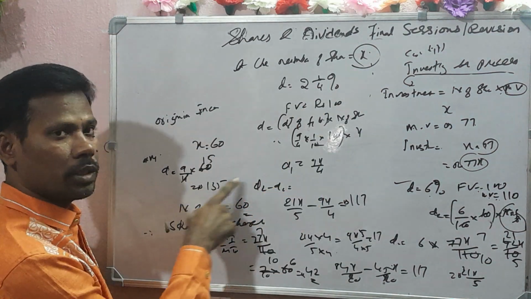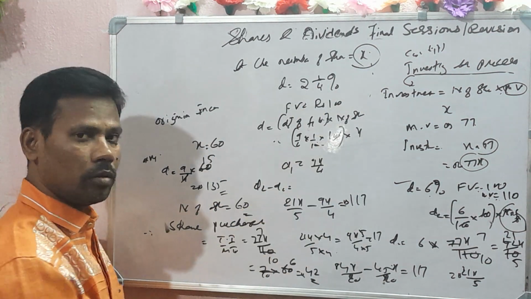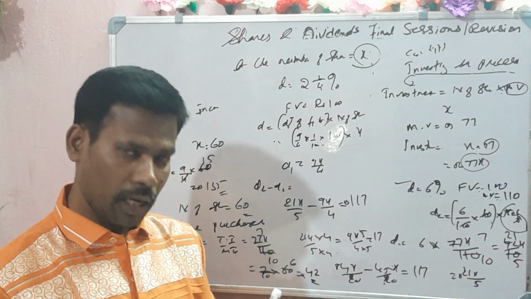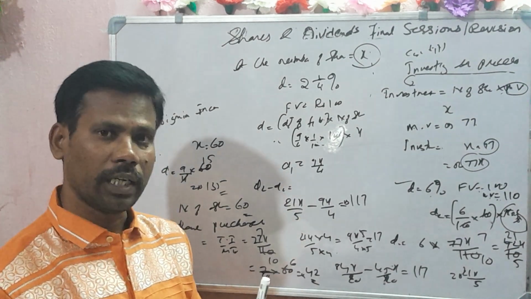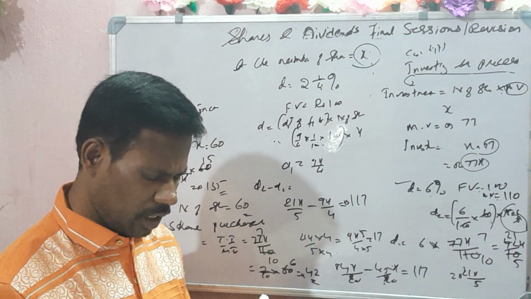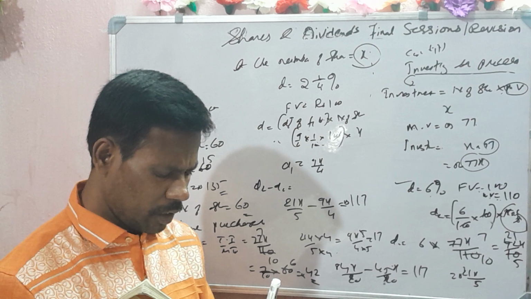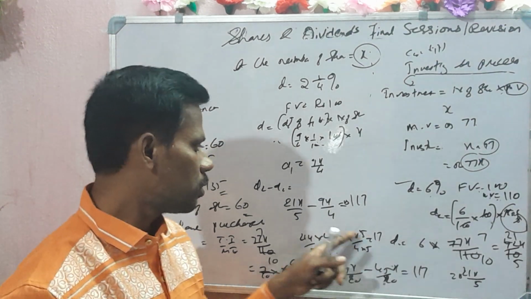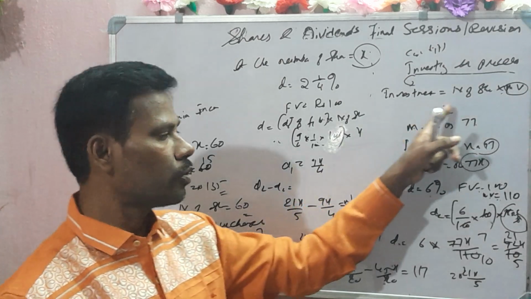Now from this, original income means this one. So you replace it. How many shares did he sell? Number of shares he sold is 60. How many shares did he buy? How many shares did he purchase? Purchase means, already it is given, no? Sale proceeds.